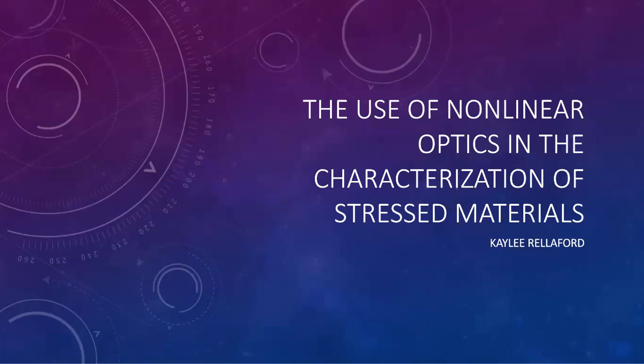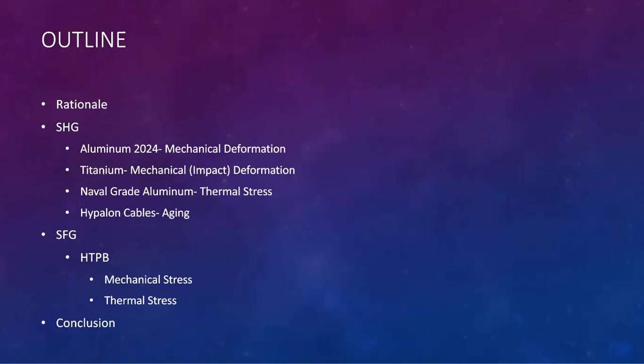Okay, so my dissertation defense. Since I just graduated in December, this is semi-fresh, but I've had 2 months to forget it. This is what I did for the last 5 years, like what Garrick said: the use of nonlinear optics in the characterization of stressed materials. I'm going to tell you why we did this.